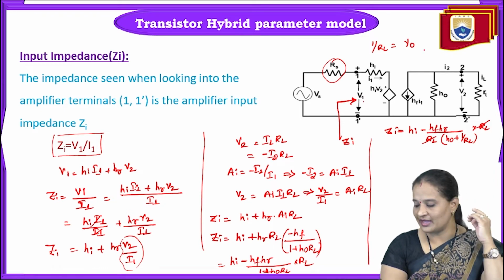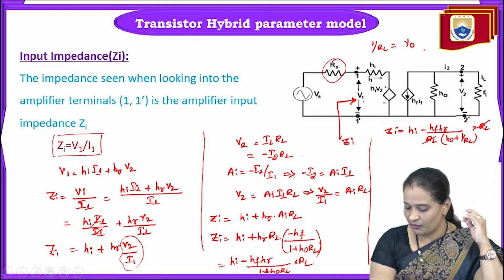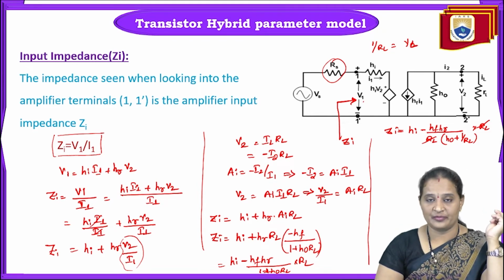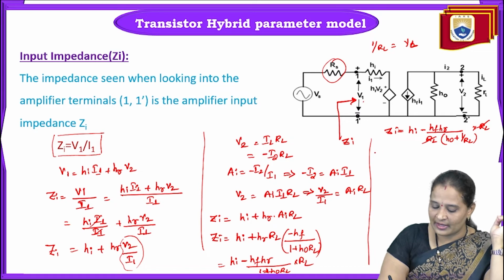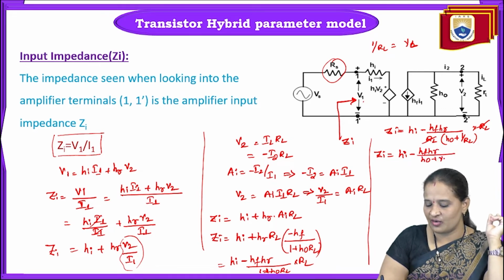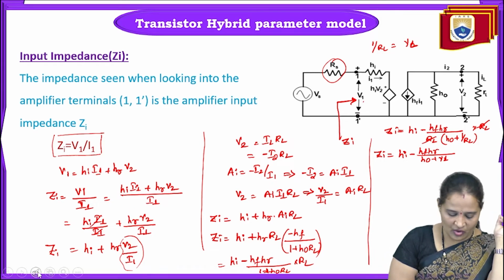So I can write 1 by RL as YL. So I can write the formula for input impedance as HI minus HF HR divided by HO plus YL.